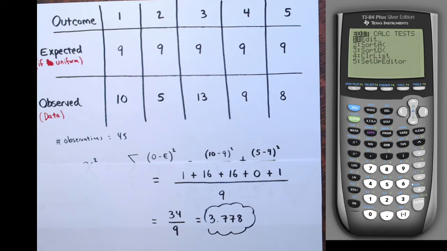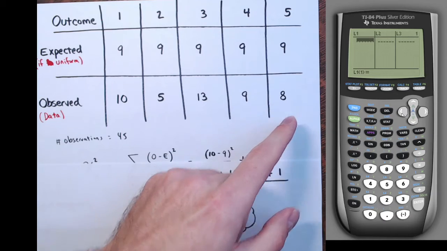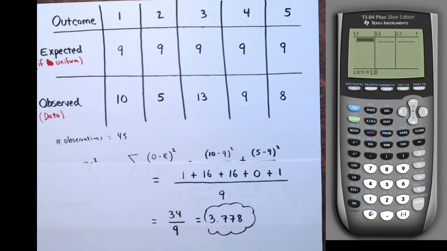I go stat, edit, and then down list L1, I'll put the observed values: 10 in the first category, 5 in the second, 13 in the third, 9 in the fourth, 8 in the fifth. And then down list L2, or some other empty list, I'll put the expected counts. So just a bunch of 9s this time.